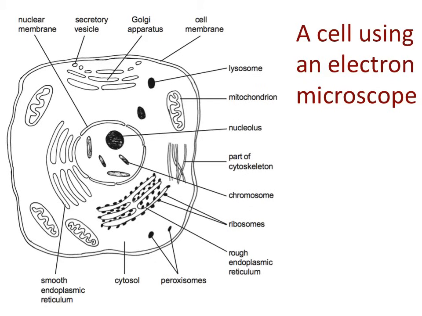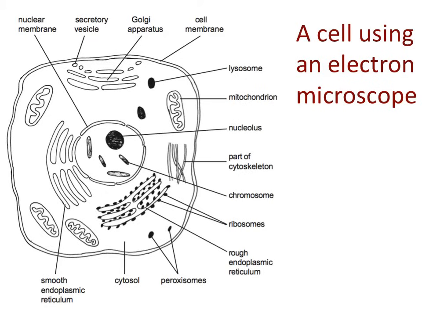Lysosomes are organelles surrounded by a typical membrane, and they contain a variety of digestive enzymes inside, such as lysozyme. So lysozyme is found in lysosomes. And they're formed by breaking away from the Golgi apparatus and then dispersing throughout the cytosol.